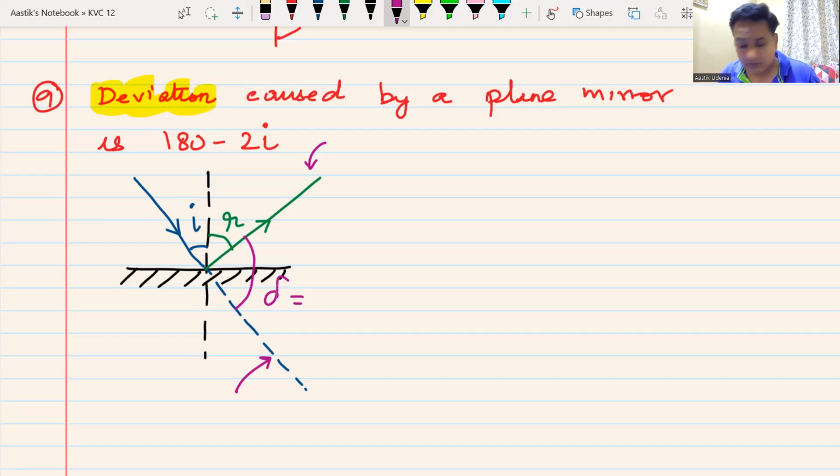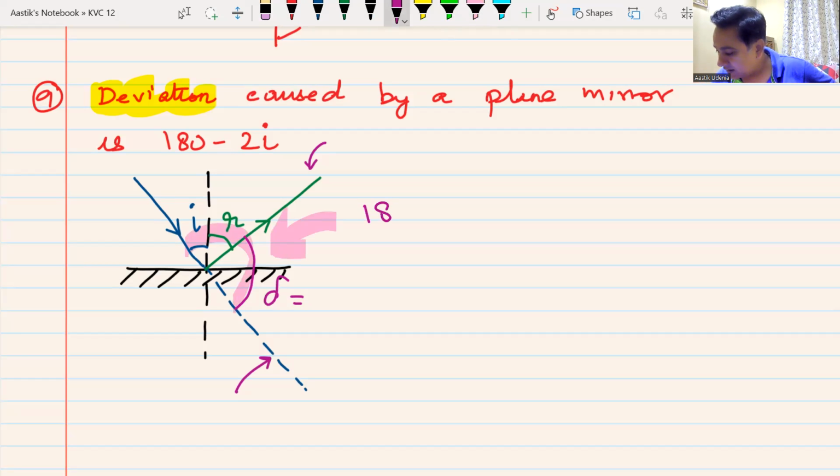Now you can easily understand from plane geometry. The name of this chapter is geometrical optics. This entire pink angle is how much? 180.